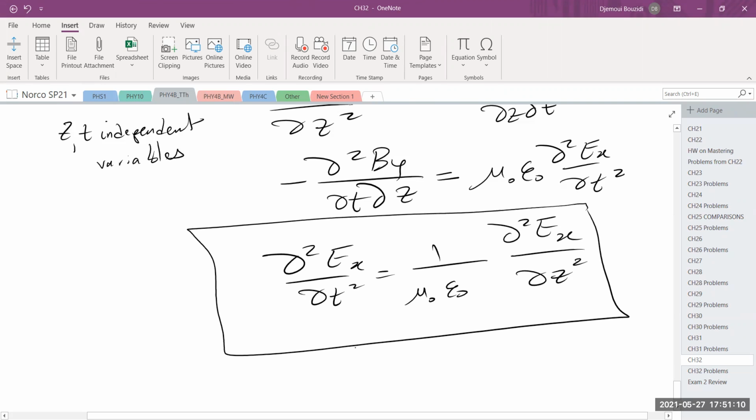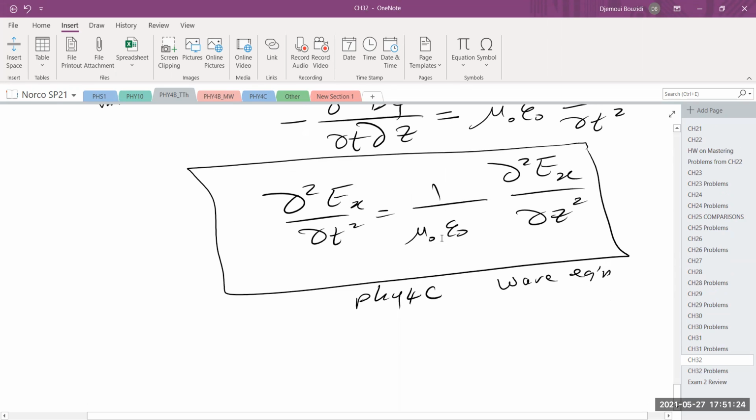This is what we learned from physics 4C, a wave equation, this is from chapter 17, and a wave equation whose speed squared is equal to this value. The speed of the wave squared is equal to 1 over mu naught epsilon naught, this quantity. In other words, the speed itself is equal to 1 over the square root of mu naught epsilon naught.